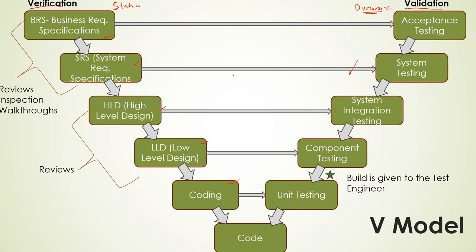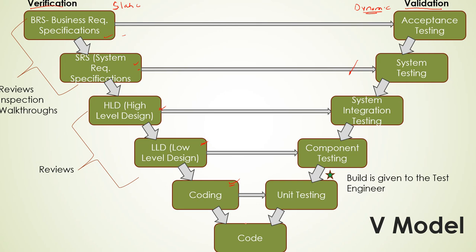To understand the process, first there will be a BRS, then the SRS, that is system requirement specifications, then the designs, that is high level design HLD and low level design LLD, and after that the coding will take place, which is the longest phase of the SDLC.